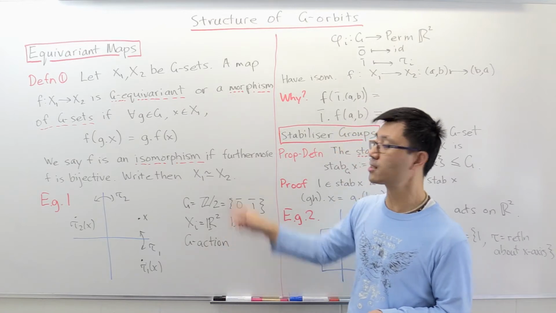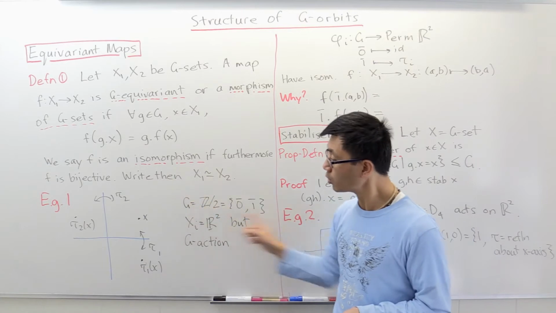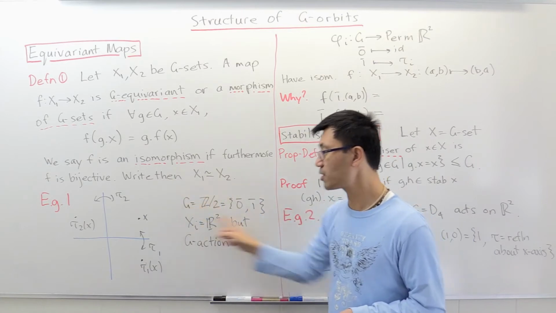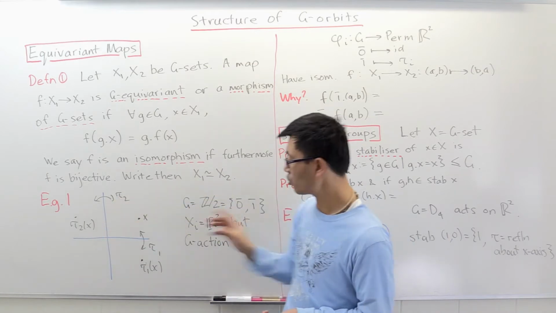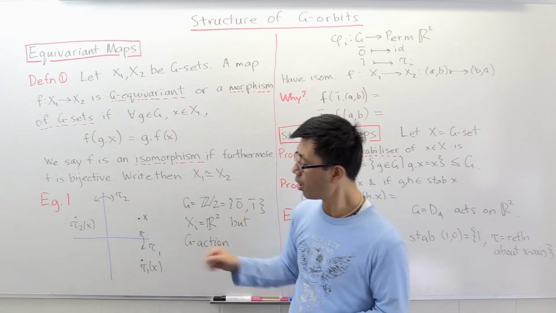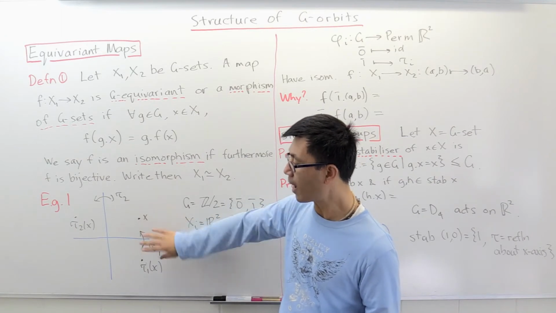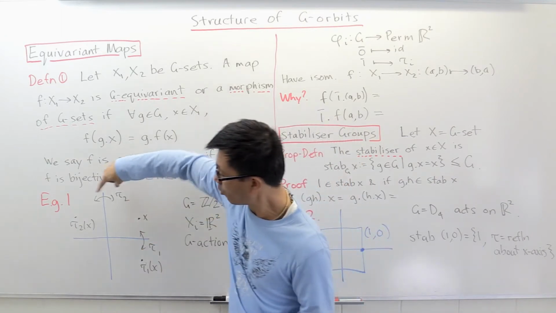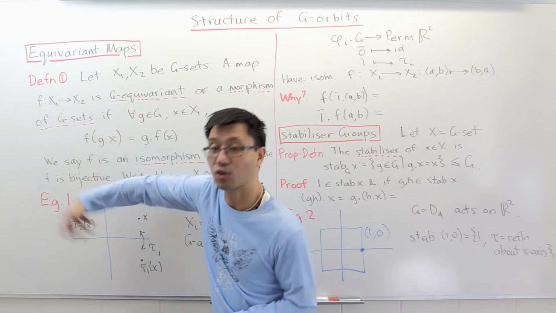But the point is that the group action will be different. So the situation we want to look at is where the group of symmetries is given by this group. And what are the symmetries in terms of this R^2? Well, the first one looks at reflection about this horizontal axis. And the other one looks at tau2, which is reflection about this vertical axis.